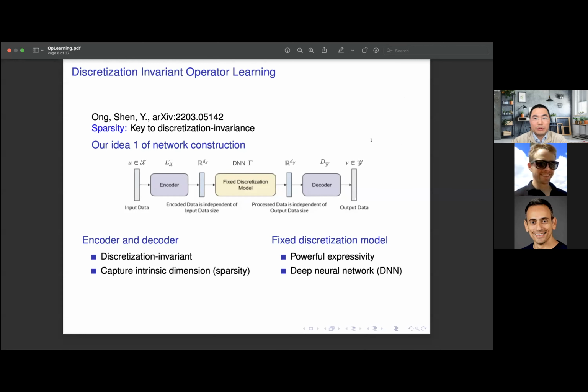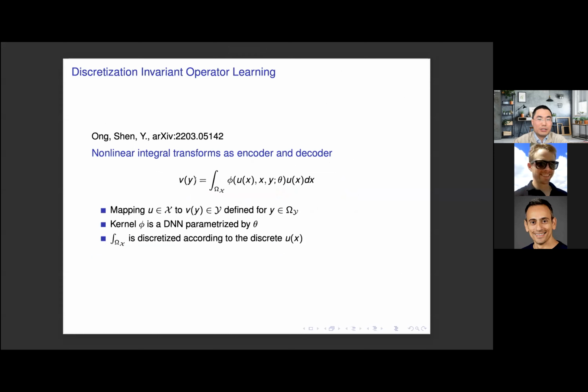So after the integral transform, we should still be a function of theta, which is discretization invariant. It is discretization invariant in this sense: theta is fixed. After learning, theta is a fixed parameter, so you don't think of theta as a parameter of this function V. And it is discretization invariant in the sense that no matter how you want to discretize V, we can still carry out the integral transformation to match your discretization.